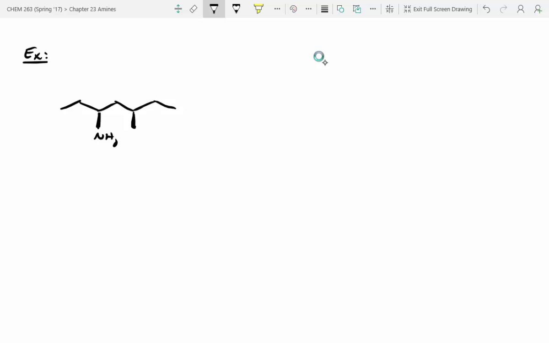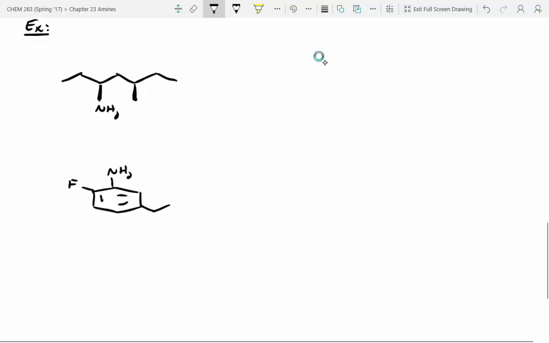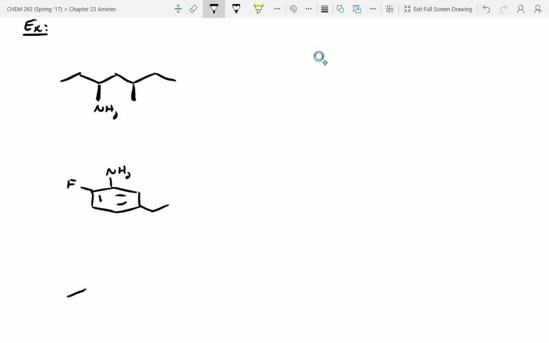Okay, so that's one. And this bottom one's a little bit trickier, but see if you can figure it out using the same rules we talked about with naming amides.